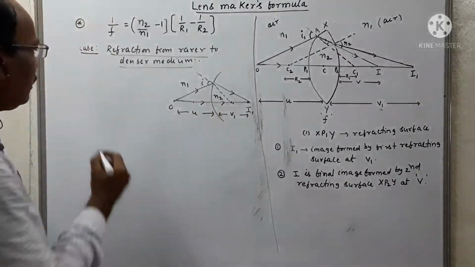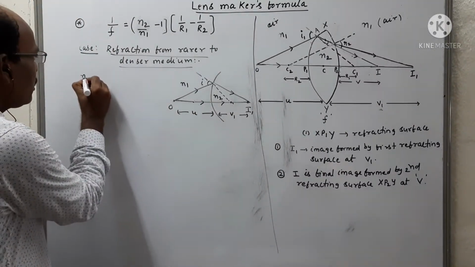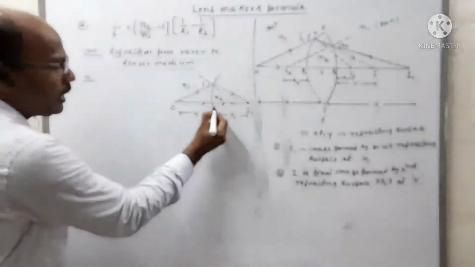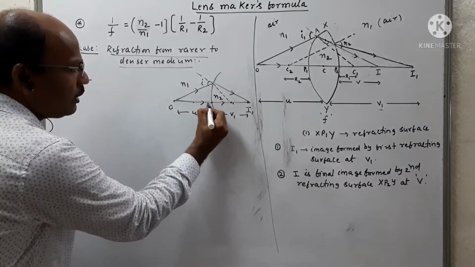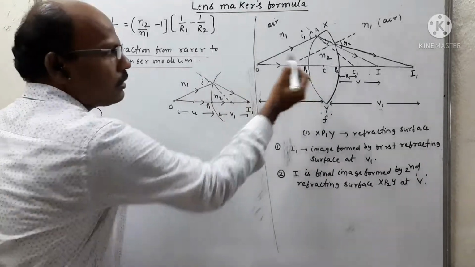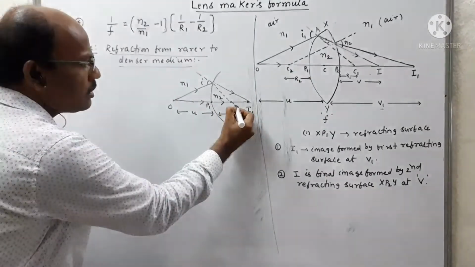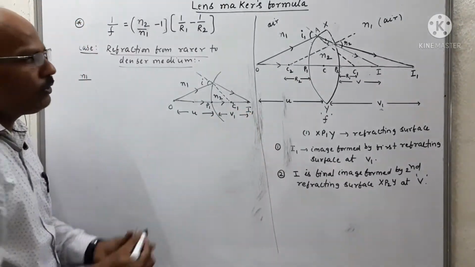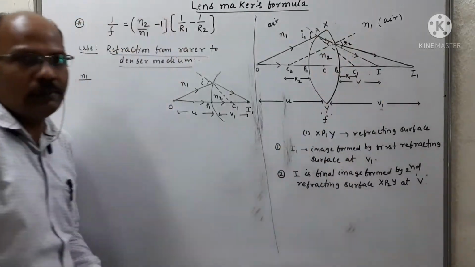So we apply the equation. That means N1 by object distance. This can be taken as P1, and this is taken as C1, so we consider the first curved surface.